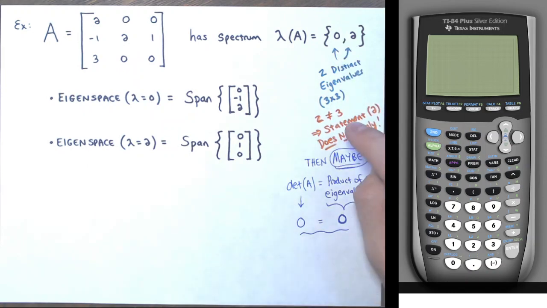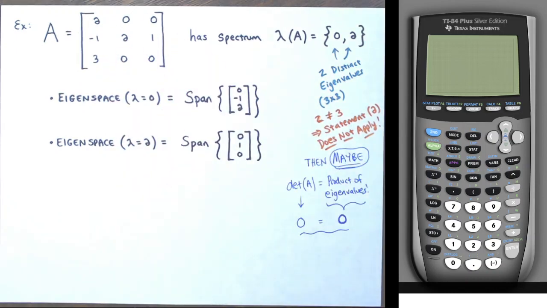But just know that it might not be the case, and I'll show you in the next example where it might not work out. One more time, the only time you're guaranteed that the determinant is equal to the product of the eigenvalues is when there's the same number of different eigenvalues as there are rows and columns. 3 and 3 there.